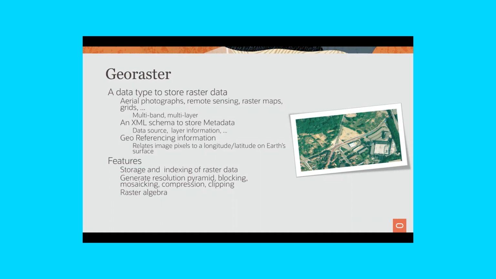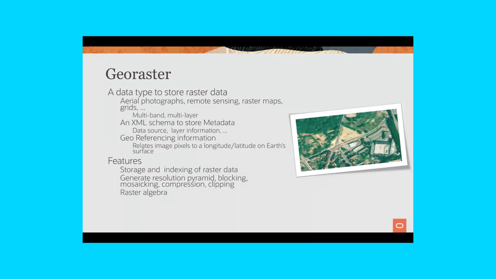For example, if you take satellite imagery for all of the United States, that can go up to 400, 500 gigabytes of data. So we can store all of the data in the database as a single object. But if you want to do analysis on a particular location, then you can very quickly access the pixels related to that area of interest.